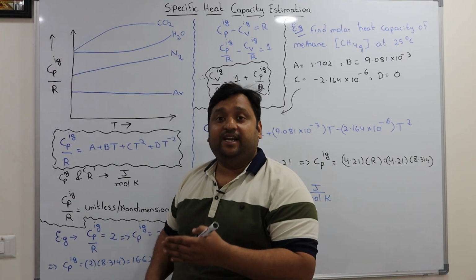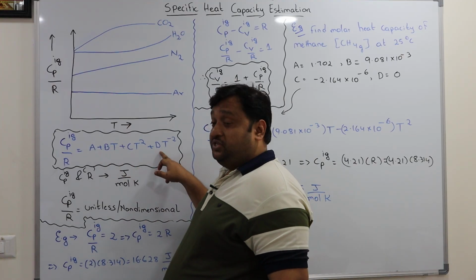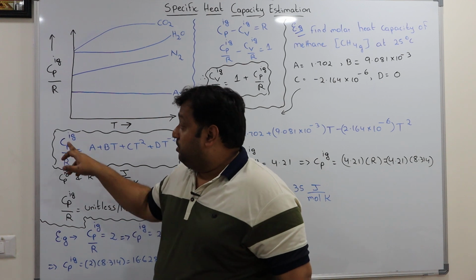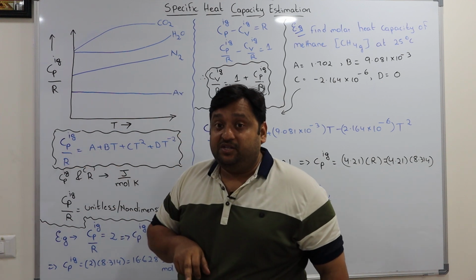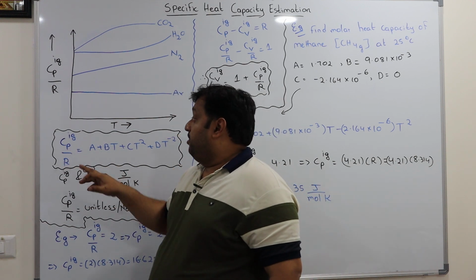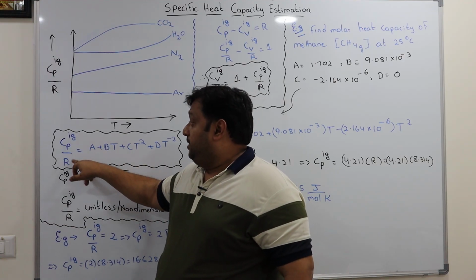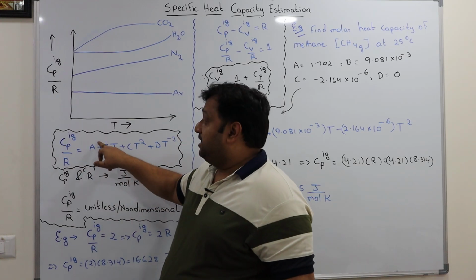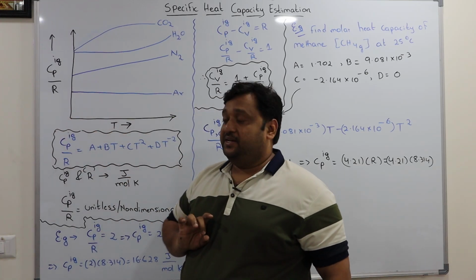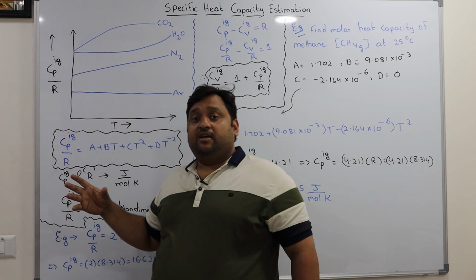If you know the A, B, C, D values of that particular gas, you can estimate the value of CPIG by R. Once you get the CPIG by R value, multiply with R and you get the CPIG. And there is an advantage.